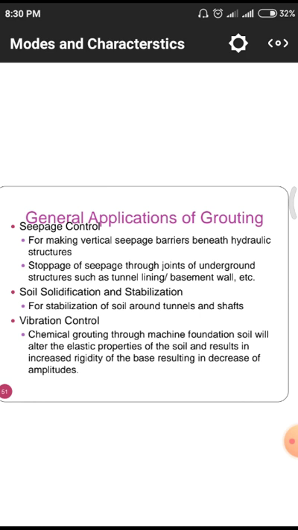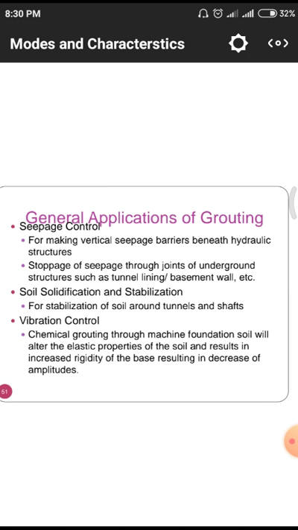Second is stoppage of seepage through joints of underground structures such as tunnel linings, basement walls, etc. If we construct tunnels and there is any fracture, the water will flow continuously and a lot of water will be wasted.